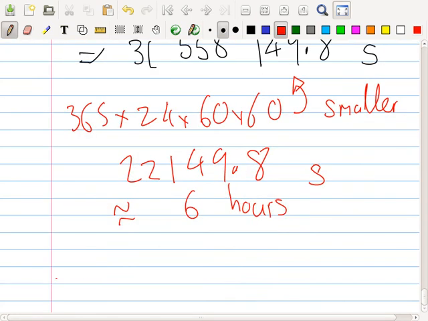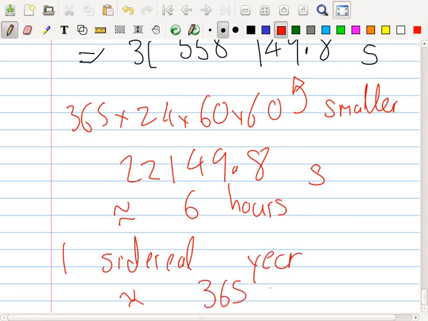So in other words, 1 sidereal year is approximately 365.25 days.